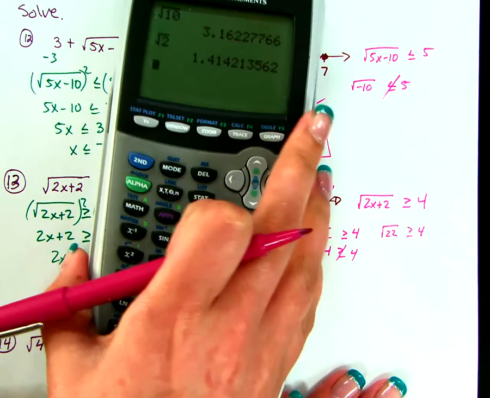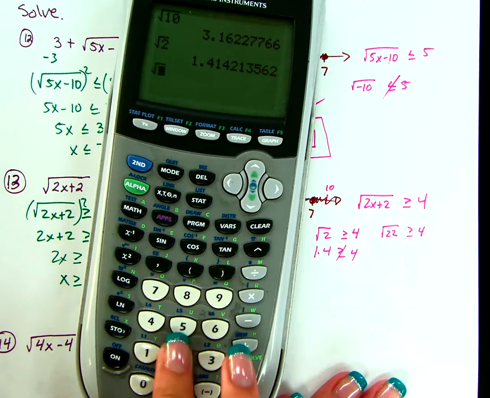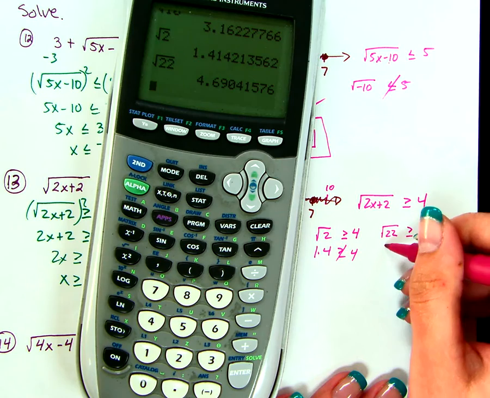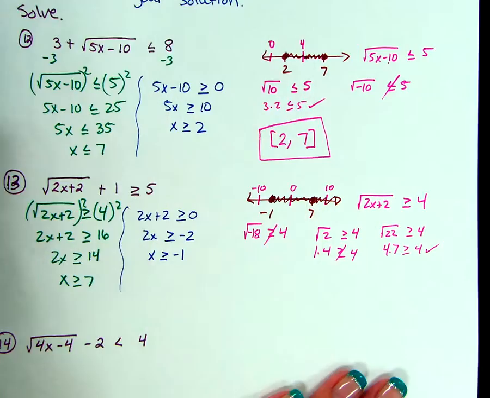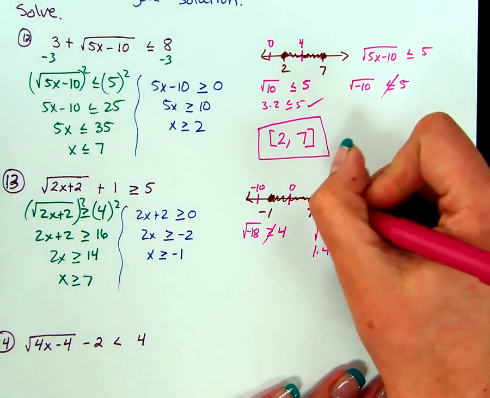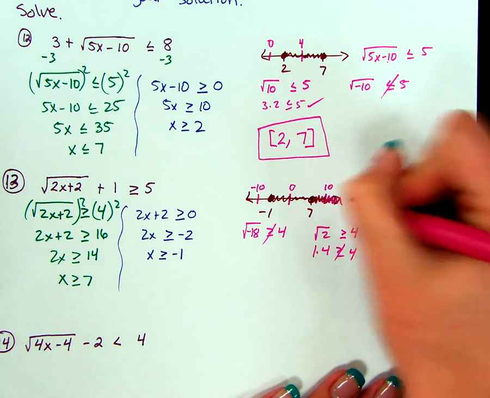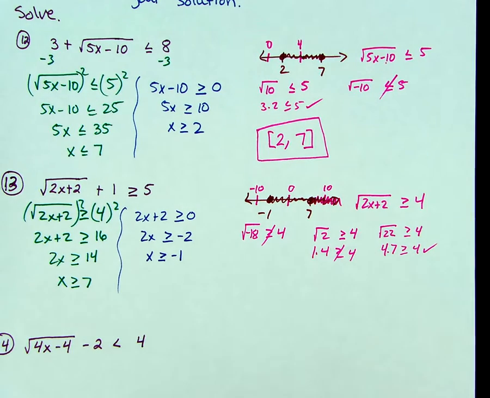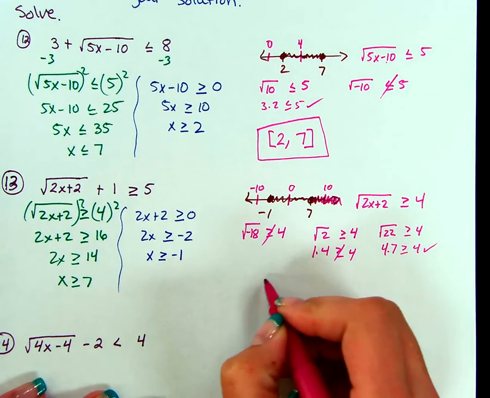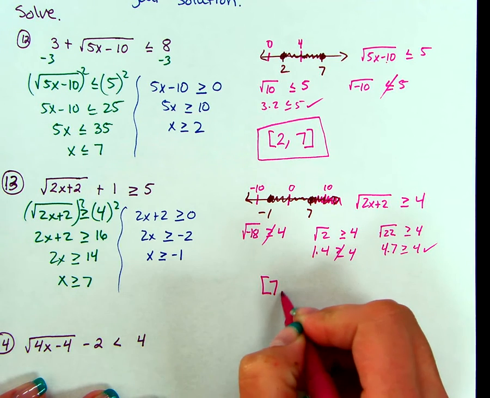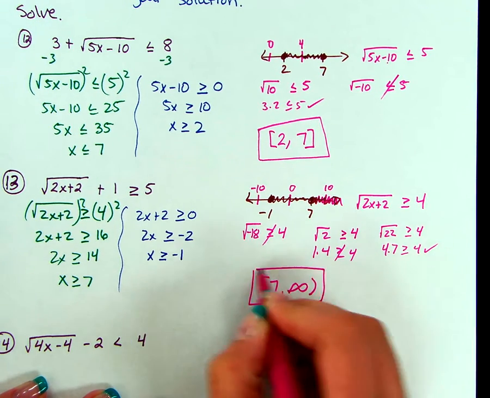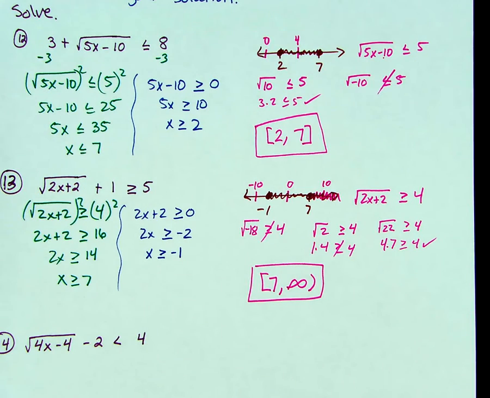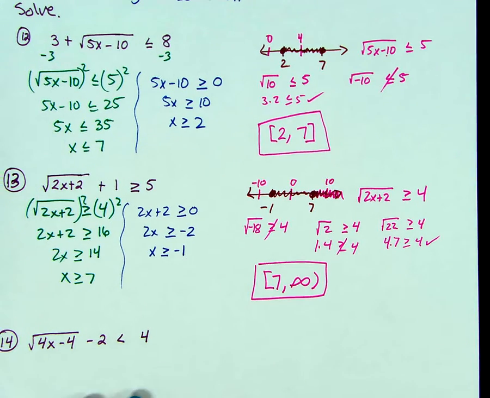Using the calculator, the square root of 22 is about 4.7, which is greater than 4, so that is a true statement. So our shaded area is really just on this side. For the answer then, it's going to be everything from 7 with a bracket all the way up to positive infinity. That is our final answer for the x values that we would be able to pick to make that statement true.